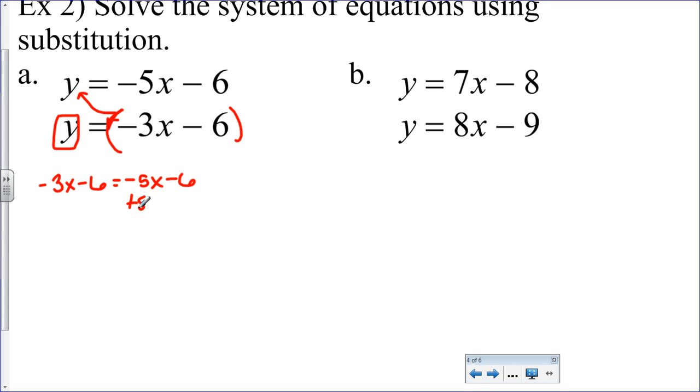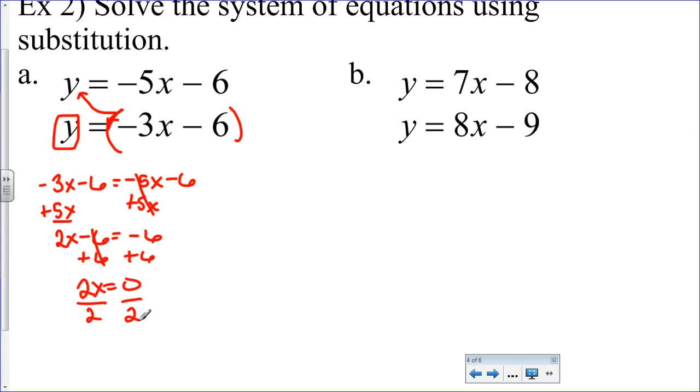I'm going to go ahead and solve by adding 5x to both sides. So I get 2x minus 6 equals -6. I'm going to add 6 to both sides to get 2x equals 0, and then divide by 2. So 0 divided by 2 is 0.